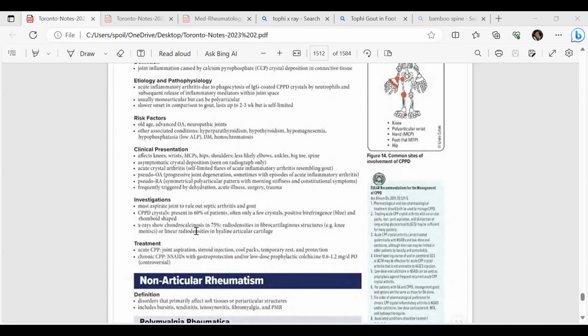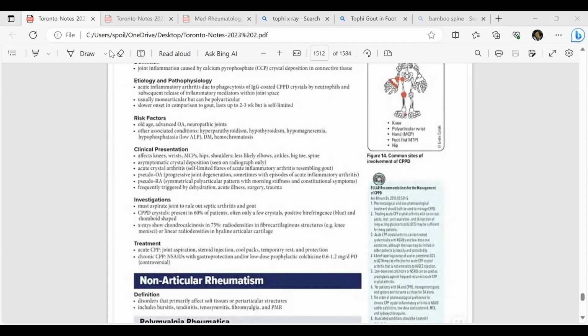So chondrocalcinosis is the most common X-ray finding, and then the radiodensities in the fibrocartilaginous structures.